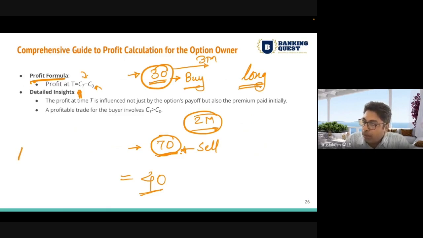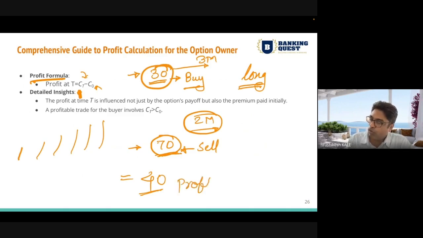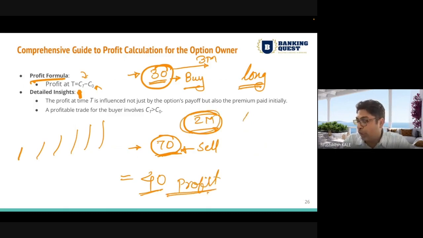If you keep on going into profit, the premium increases. So the more the profit, the more is the premium, because the intrinsic value increases. You purchased the option at 30, you are selling at 70 and making a cool profit of 40, before expiry, even in European options.